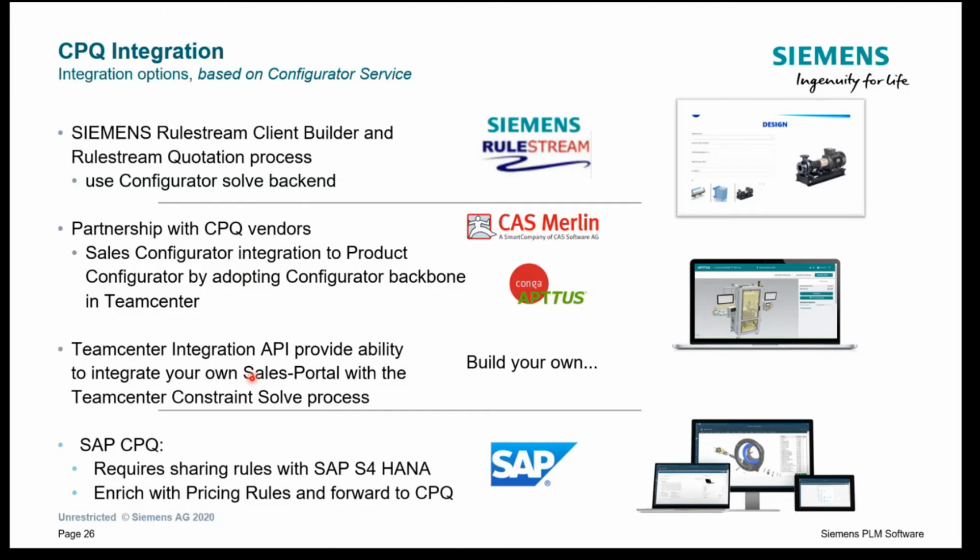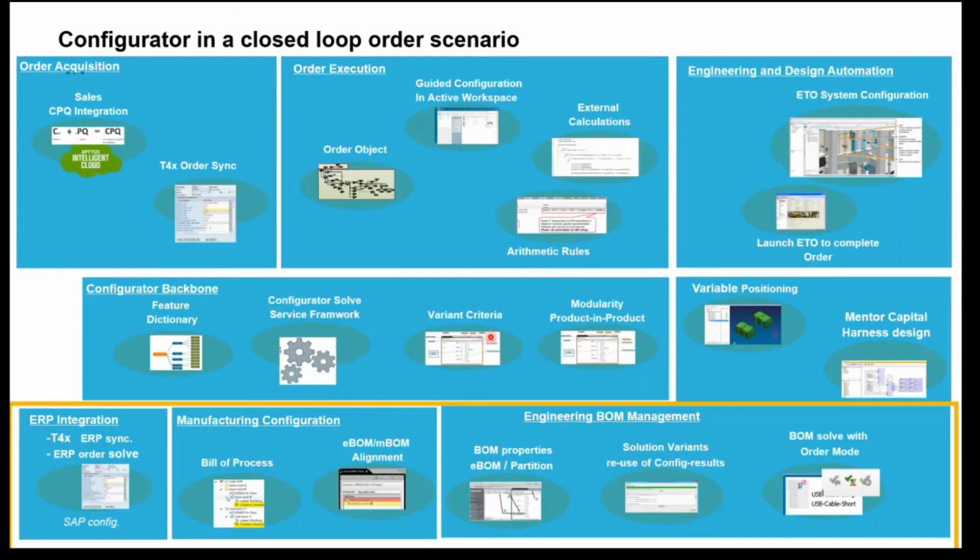In fact, you can integrate with a custom CPQ application as well. Since the APIs have been exposed for the product configurator application, you can customize and integrate the product configurator application with your own system as well.